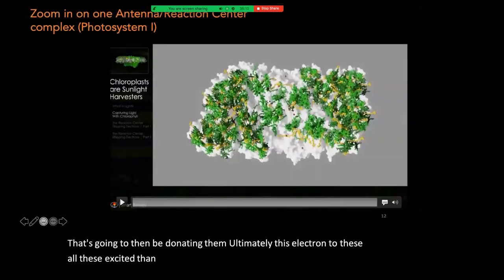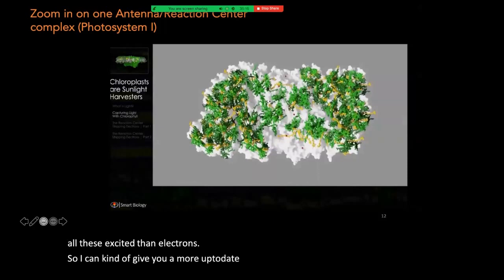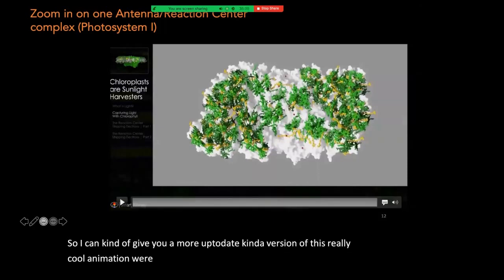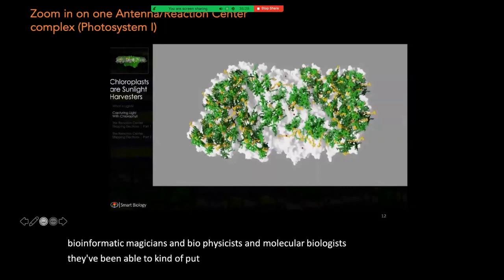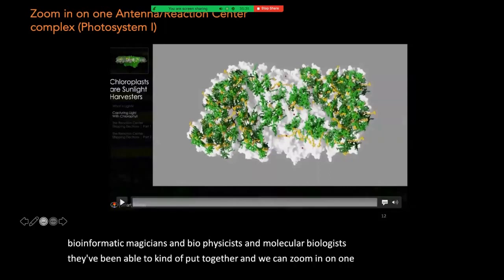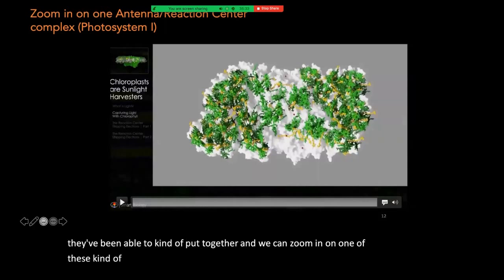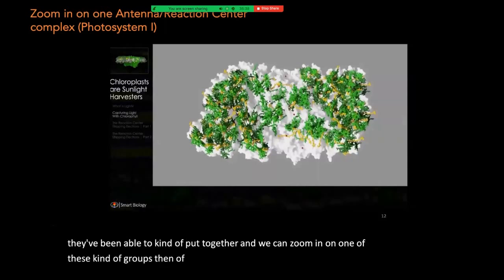So I can give you a more up-to-date version of this really cool animation. Thanks to a lot of computational bioinformaticians, biophysicists and molecular biologists, they've been able to put together, and we can zoom in on, one of these groups of the specialized antenna reaction center.